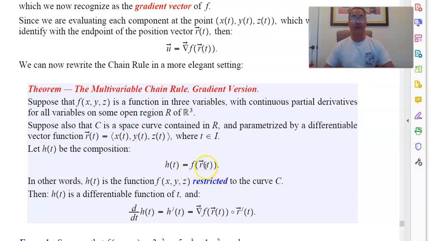Remember, we've seen that symbol before when we did the scalar integral, contour integral of a scalar function.